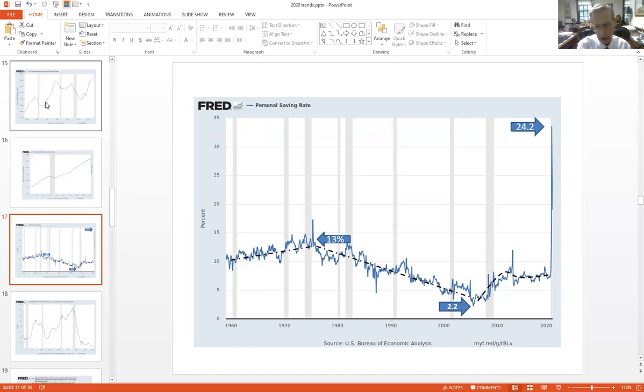Then, as prices for goods and services increased rapidly, and yet people felt confident in their abilities to hold a job, they did not want to part with the lifestyles and the living conditions that they'd become accustomed to. So rather than spending less, they saved less. And you can see that by 2005, give or take, we got down to 2.2% from 13%.